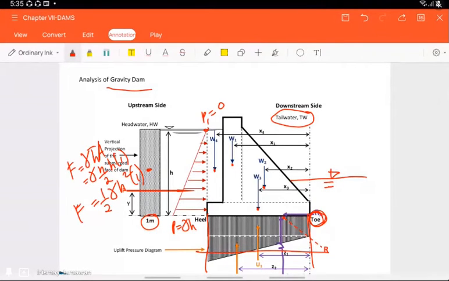So to determine the force, you have the formula of a triangle. So let's say force is equal to 1/2 times P1.